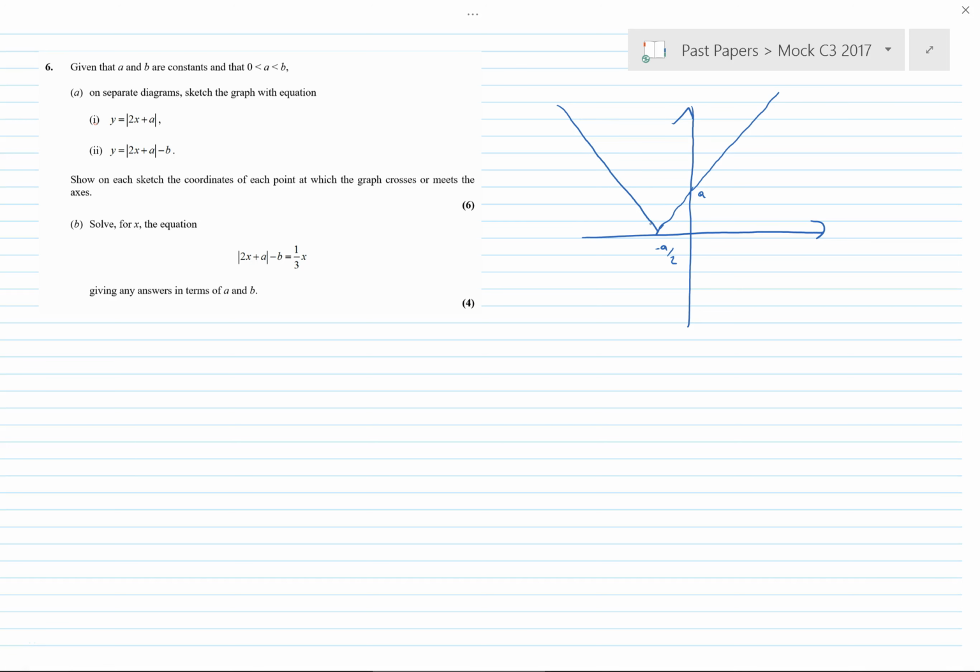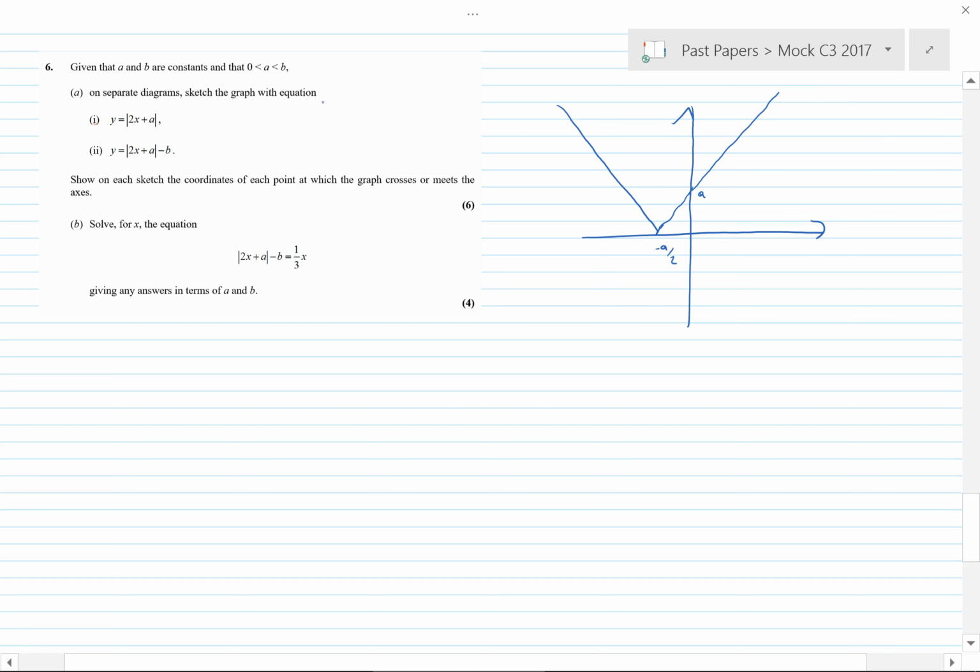The 4 marks are for the next bit. Now this is obviously the same graph here but shifted downwards by minus b. It does tell us that b is positive, so that means it's shifted downwards, and that it's greater than a.